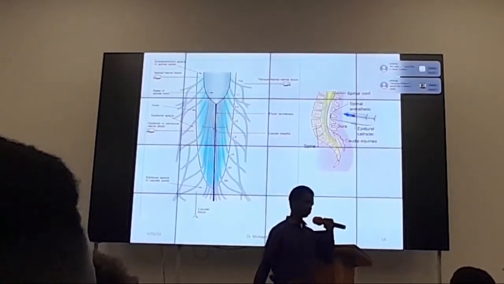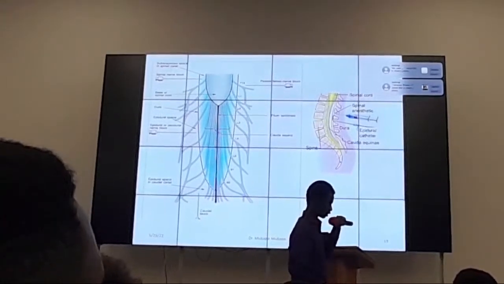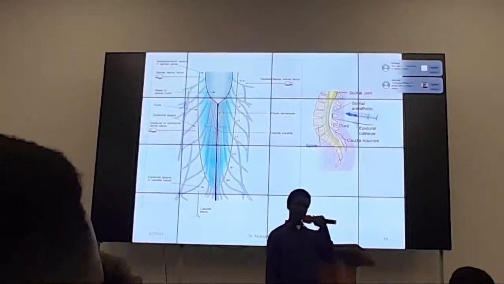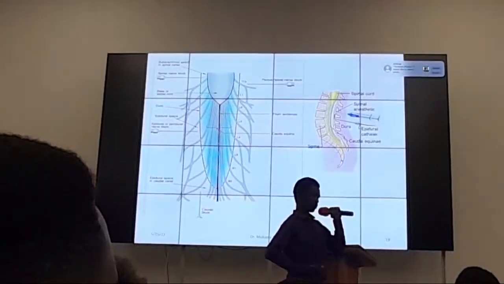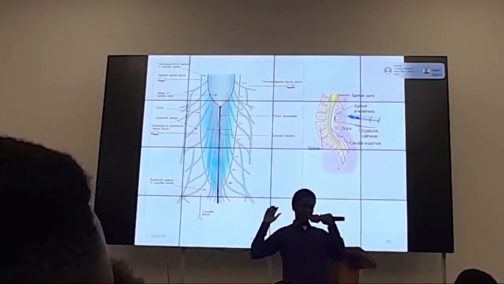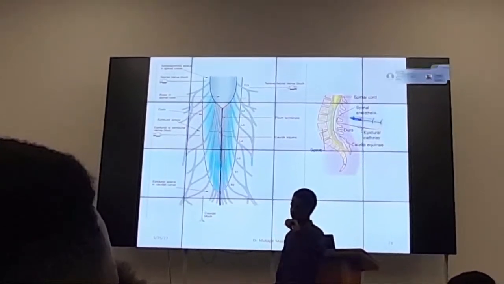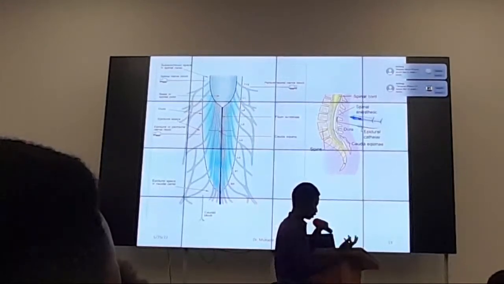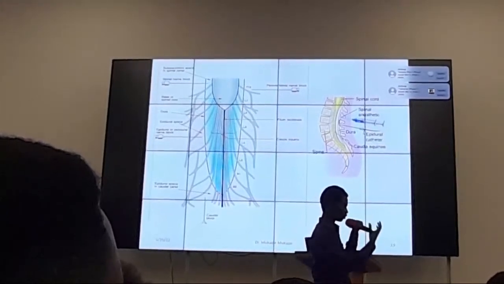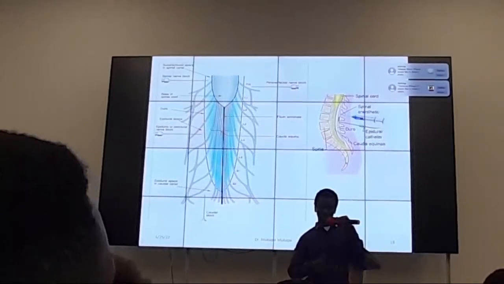Meanwhile, you can chat with the patient because the upper part of the body is not paralyzed. As you do the cesarean section and the baby is out, you will show the mother.